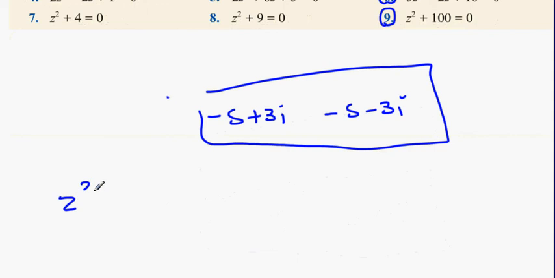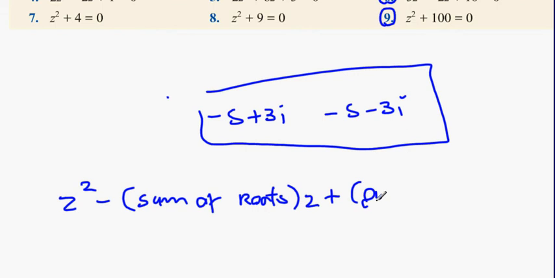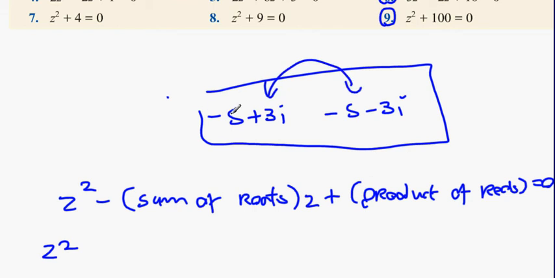We say z squared minus the sum of the roots, which means you add them together, times z, and then at the end it's going to be plus the product of the roots, equals 0. So we have z squared. Now when we add the two roots together, we're going to get minus 10, because the 3i cancels with the other 3i. So it's going to be minus minus 10 times z.